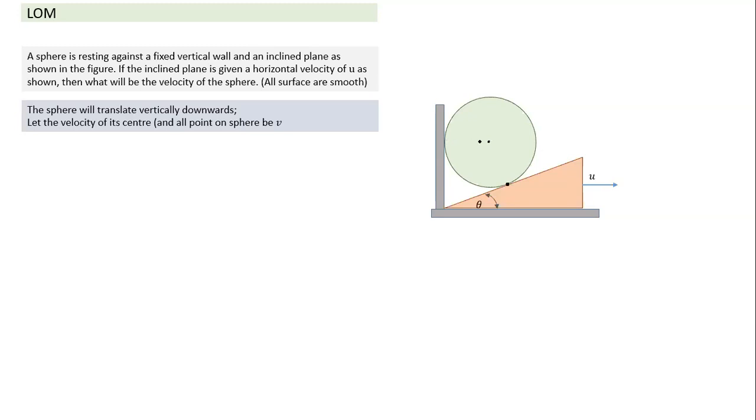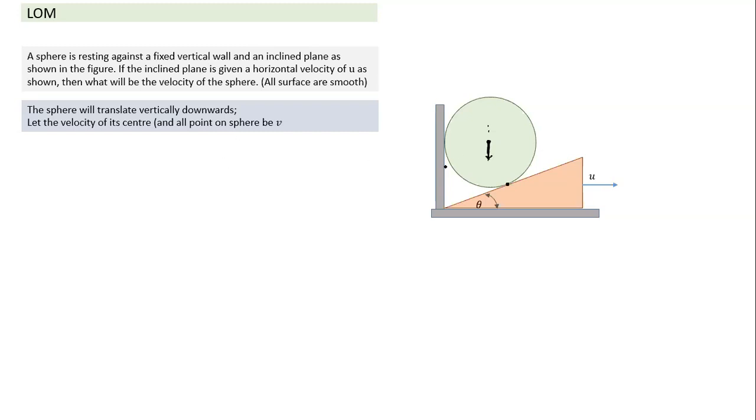If the x coordinate of the center remains constant, it cannot have any displacement in the x direction as long as it doesn't lose contact with the vertical surface, which is not going to happen in this case. So it can have motion only in the y direction, the vertical direction. So this whole sphere will have motion in the y direction, a vertically downward motion, which we can easily figure out intuitively also.